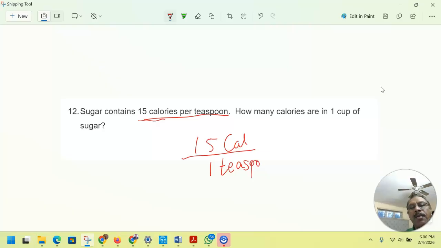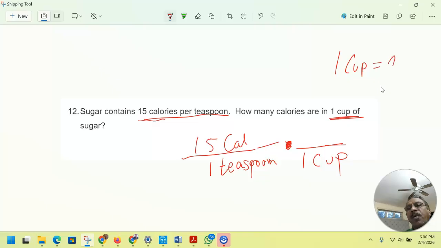And because you want the answer to be per cup, that means in 1 cup, how many teaspoons are there? You can see 1 cup is 48 teaspoons. So I will write the shortcut also here. You can directly write 48 teaspoons like this.